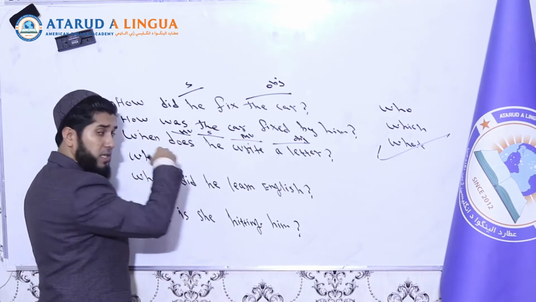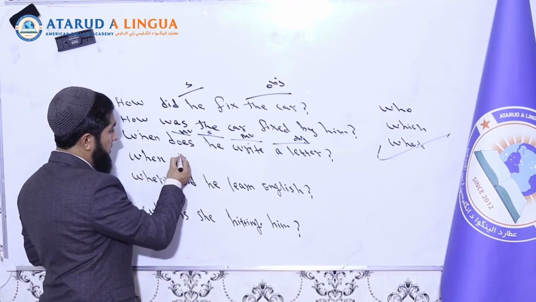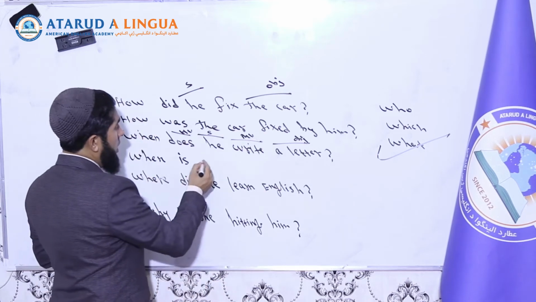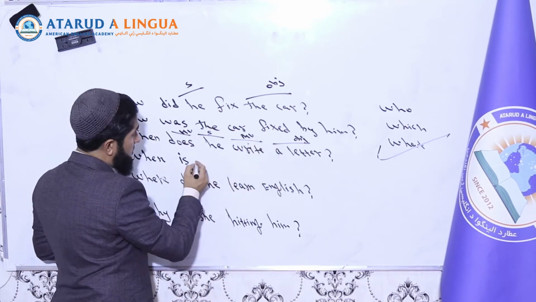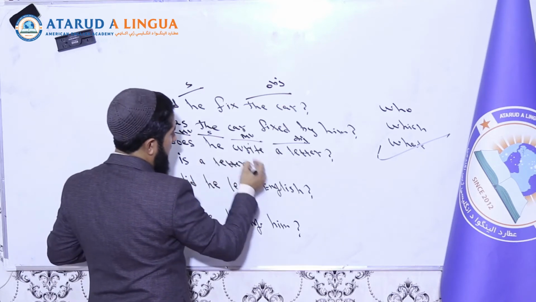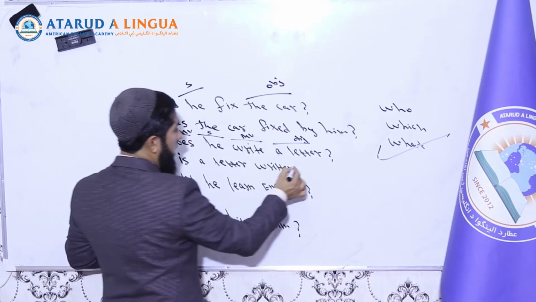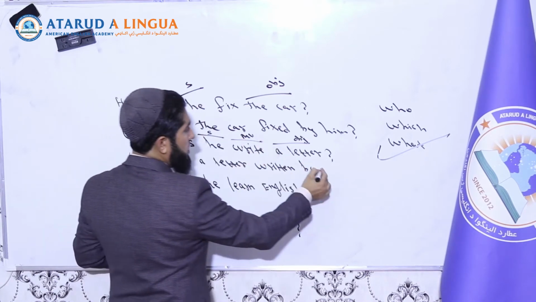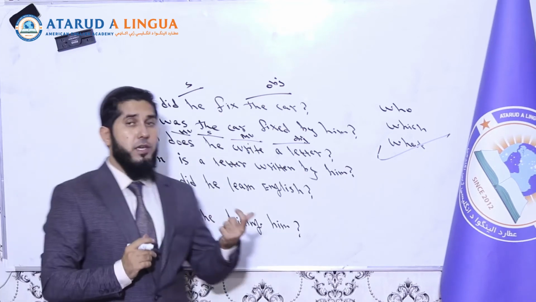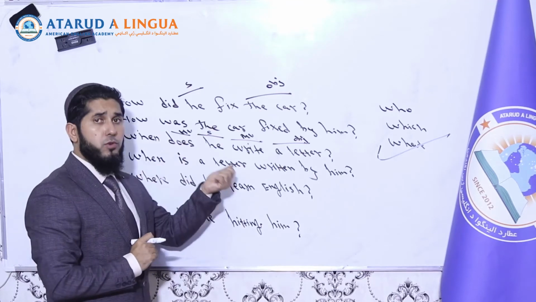If it's simple present tense, your helping verb does should be changed to a to be verb form according to the subject and the tense. So when is, and the object becomes the subject. When is a letter. And the main verb form should be changed to past participle, third form, and the subject becomes the object of preposition. So, when does he write a letter? In the passive form: when is a letter written by him?